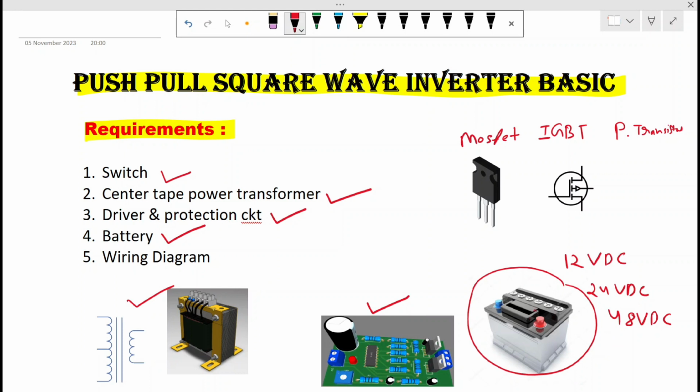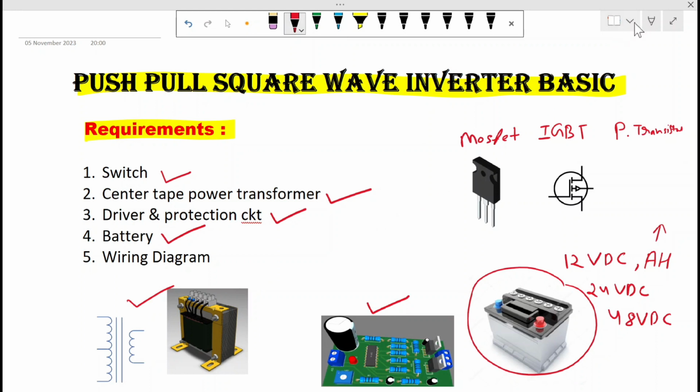What type of inverter we are going to design, based on that we need the battery voltage plus its ampere hour value, so that if the ampere hour is more, you can get more backup time from the inverter. So I think you have understood this.